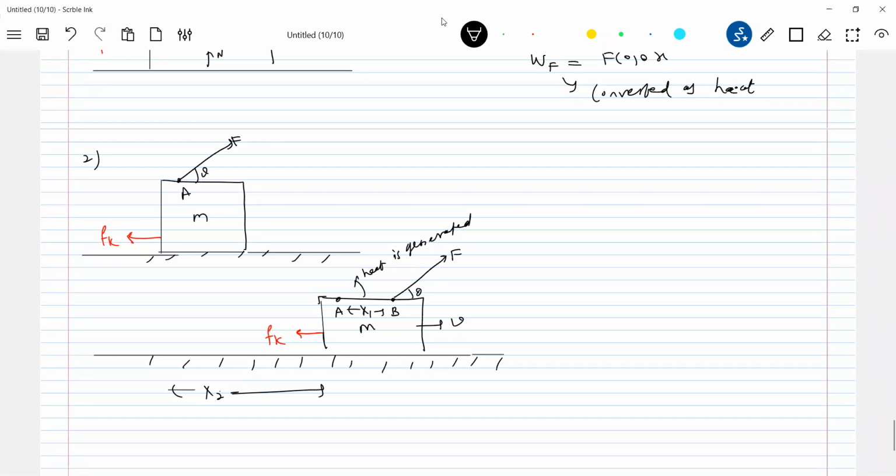So what is the work done by the applied force here? Total should be F1 cos theta x1. What is this? Displacement. That will be heat generated. Got this? This is the displacement of the object with respect to the block. And here is the increase in kinetic energy of the block, and the work done to overcome friction.